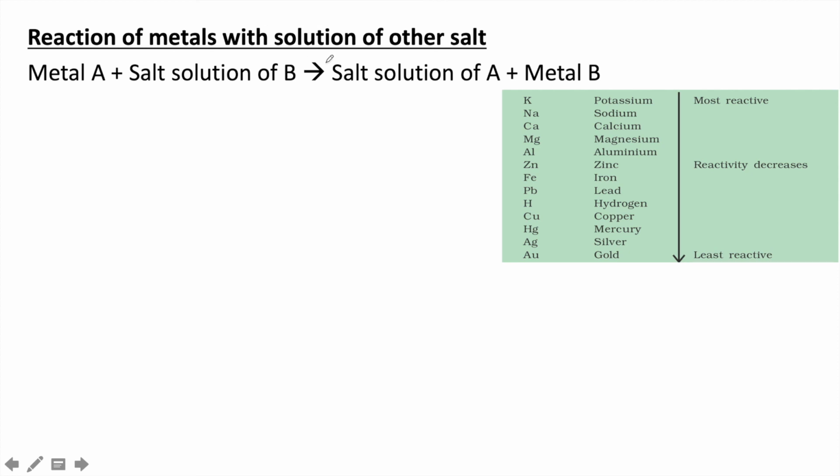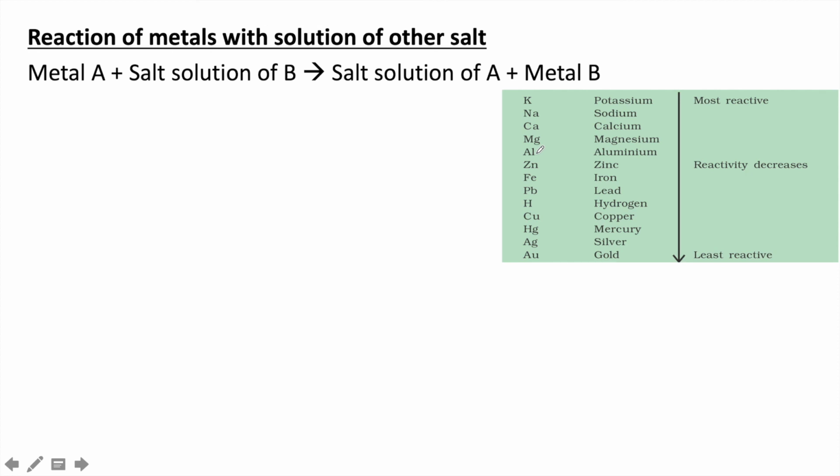But not all metals can displace other metals from their salt solutions. It depends on the reactivity of the metals. Here we can see the reactivity series, and the higher reactive metals can displace lower reactive metals from their salt solution. But the lower reactive metals can never displace the higher reactive metals from their solution.